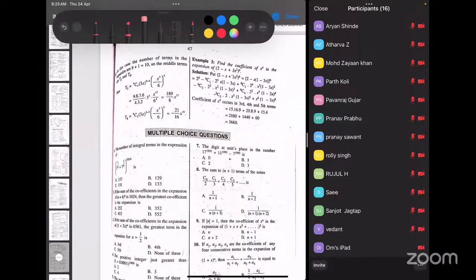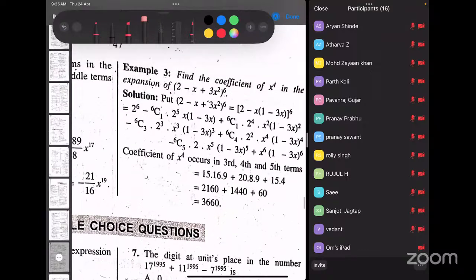And we want to have the coefficient of x raised to power 4 in this case. To solve it, you just have to simplify it. There is no shortcut for it.